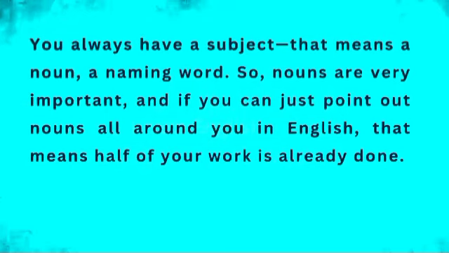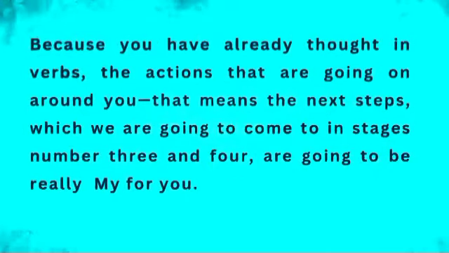So nouns are very important, and if you can point out nouns all around you in English, that means half of your work is already done. Because you have already thought in verbs, the actions that are going on around you, the next steps, which we are going to come to in stages number 3 and 4, are going to be really easy for you.